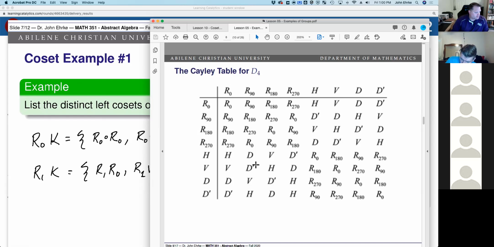So R1V, yeah, so I had it backwards. So R1V would be D prime, R1 and V.